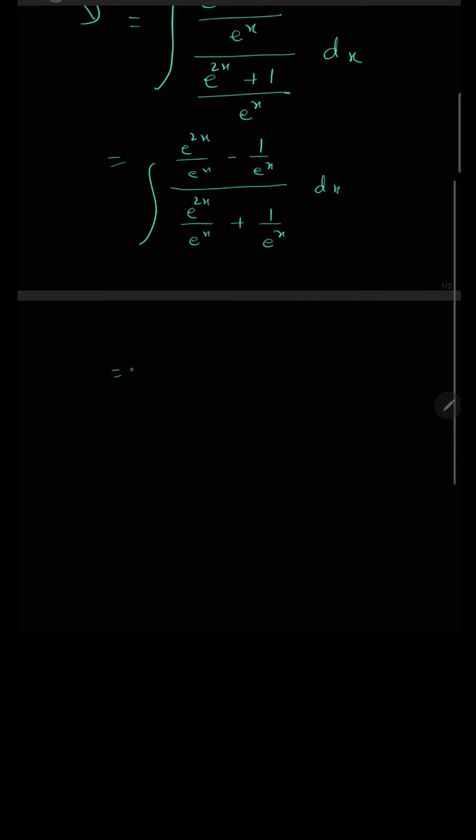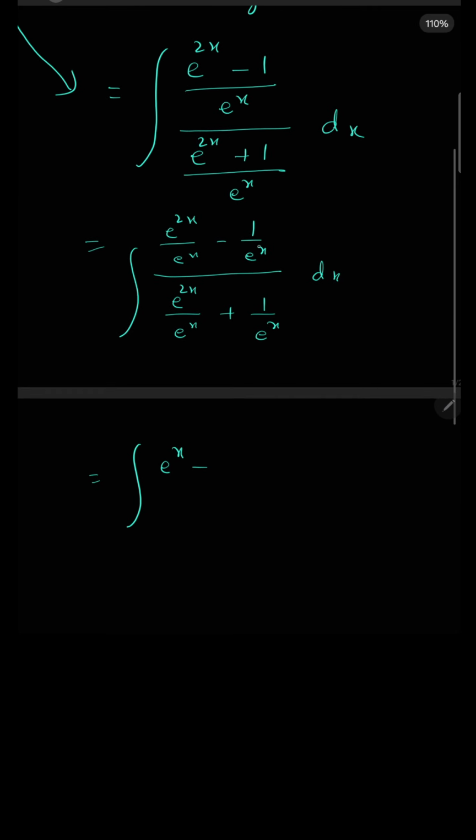What happens? See here, e power 2x by e power x means e power 2x minus x, so it becomes e power x. And 1 by e power x can be written as e power minus x.